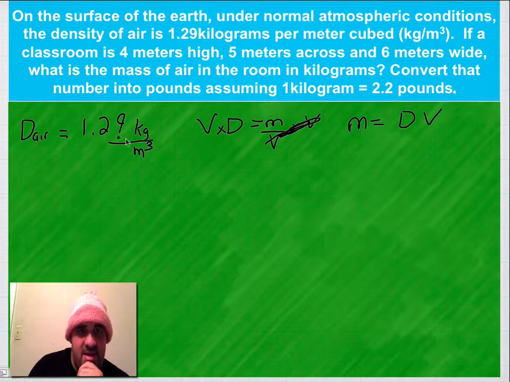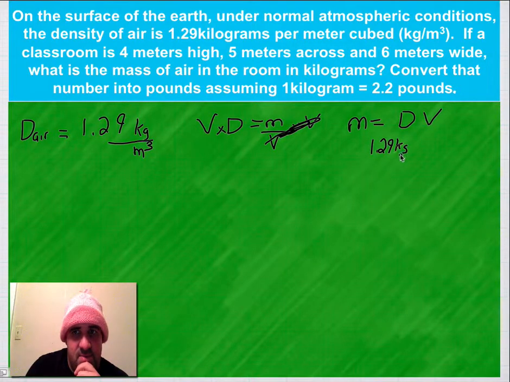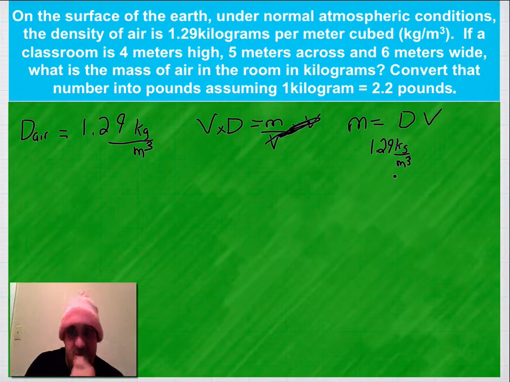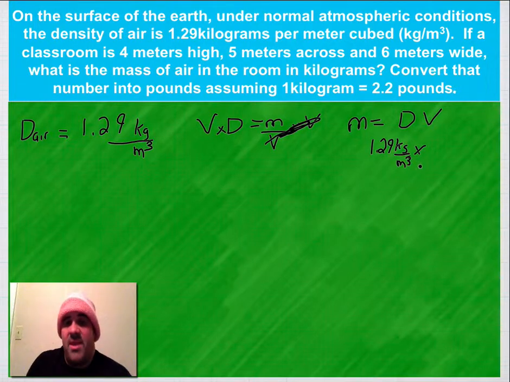And we already know density is 1.29 kilograms per meter cubed. That means every meter cubed in the room has air that will have a mass of 1.29 kilograms. Now I need to multiply this number times the volume of the room, and that'll give me the mass of the air in the room in kilograms.